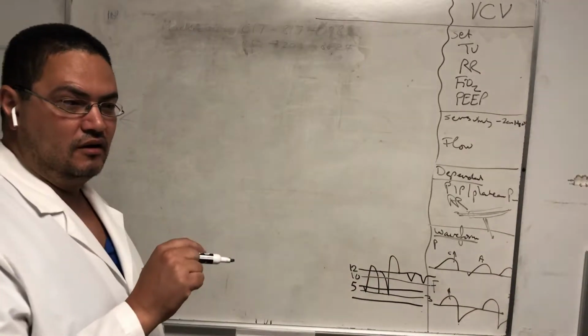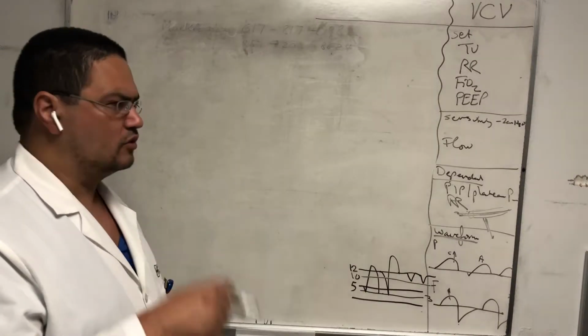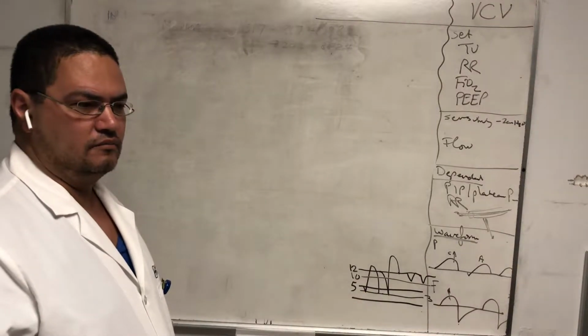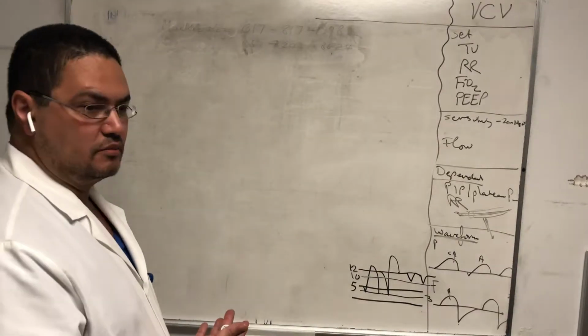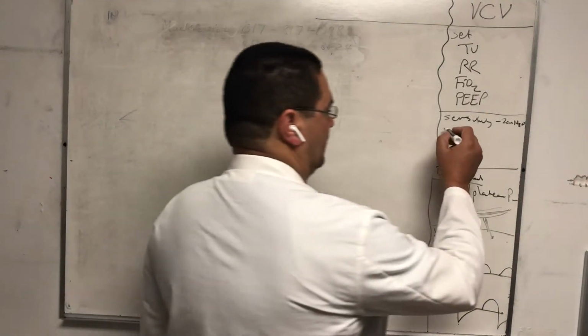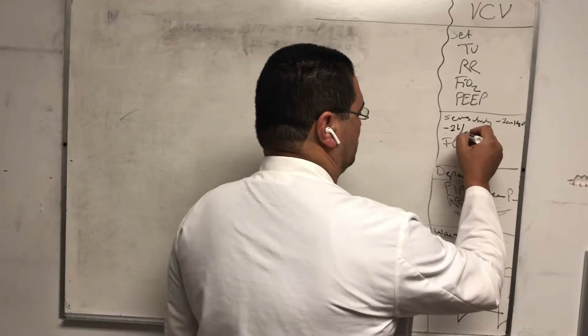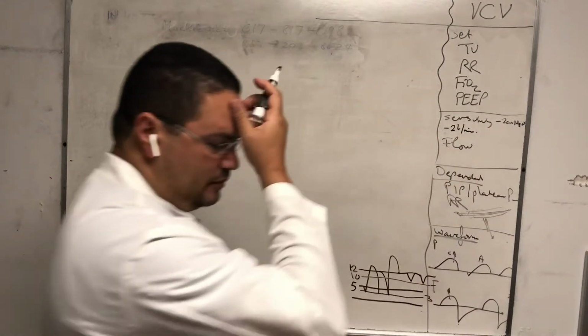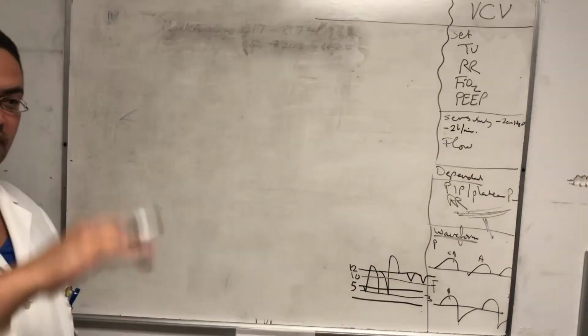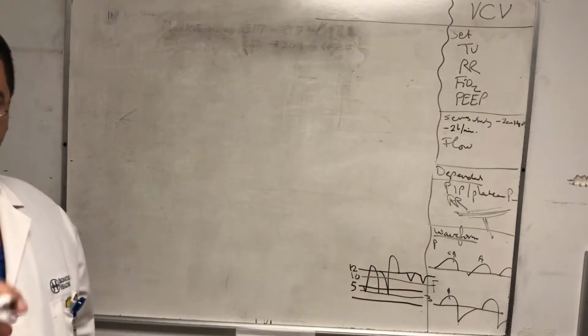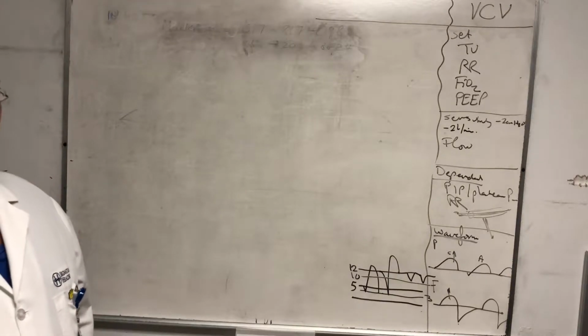Now, about 10 years ago, or even more than 10 years ago, all the companies found that this is a problem, so they switched to flow triggering. Flow triggering is -2 liters per minute. So now it doesn't depend on the pressure, it depends on the flow. It doesn't matter where you are on the pressure curve, as long as you can deflect a certain flow in a negative direction, then you're good.